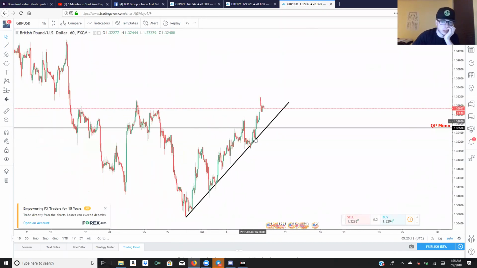Okay. This one never tested the trend line. I tested it here, right? But it was still below this quarter point. So I would have never got in because I want to see it break the quarter point before I get in for the buy, right? Even if it tests this trend line, we need more than one confirmation. So it broke, never retested, didn't get in.